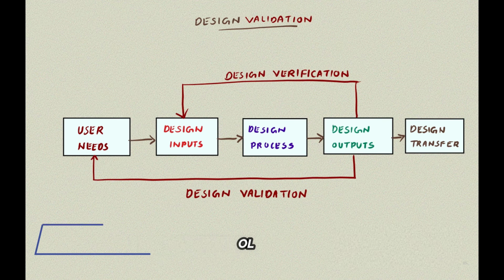A few examples for the design validation are the performance testing, the functional testing, the animal testing, the clinical evaluation, etc. If you would like to know more details regarding the difference between the design output and design input, and also the difference between design verification and validation, you can check the other videos, where you can see a little more explanation with examples.